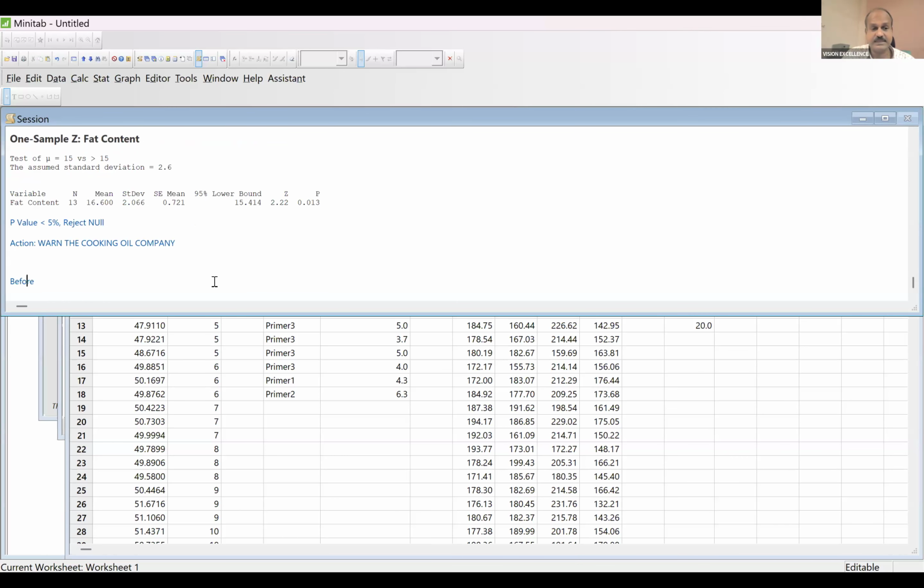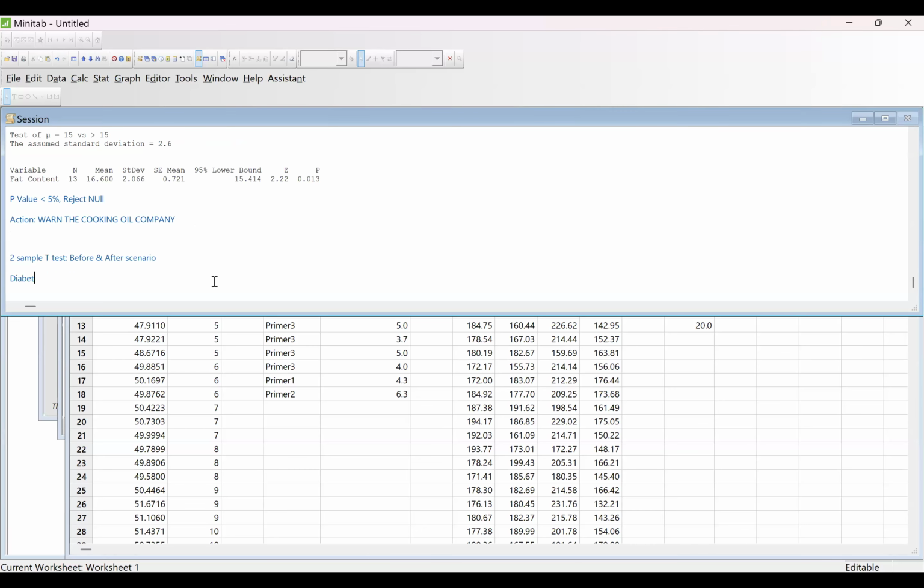Now, sometimes in a two-sample t-test, while performing a two-sample t-test, you may want to study a before-after scenario. Let us say a diabetic treatment.